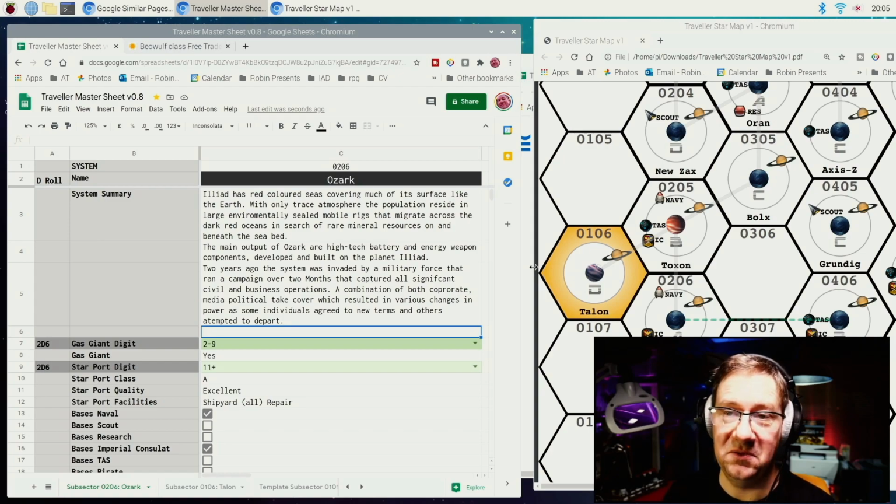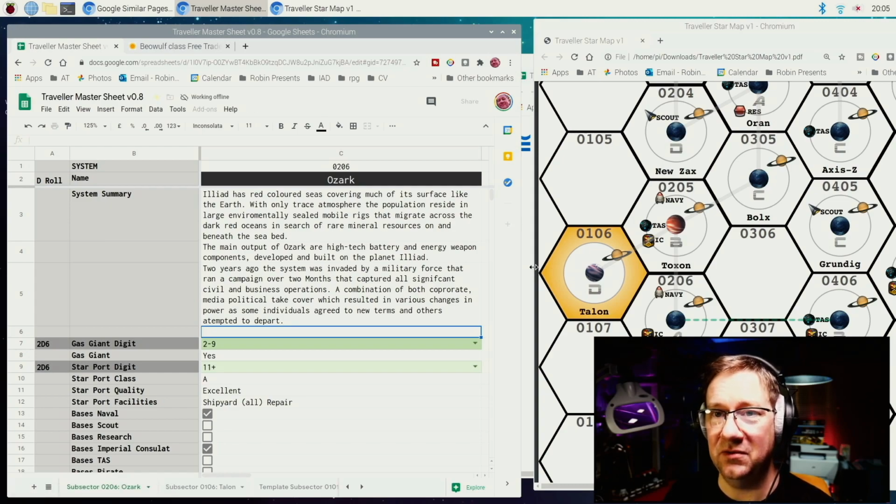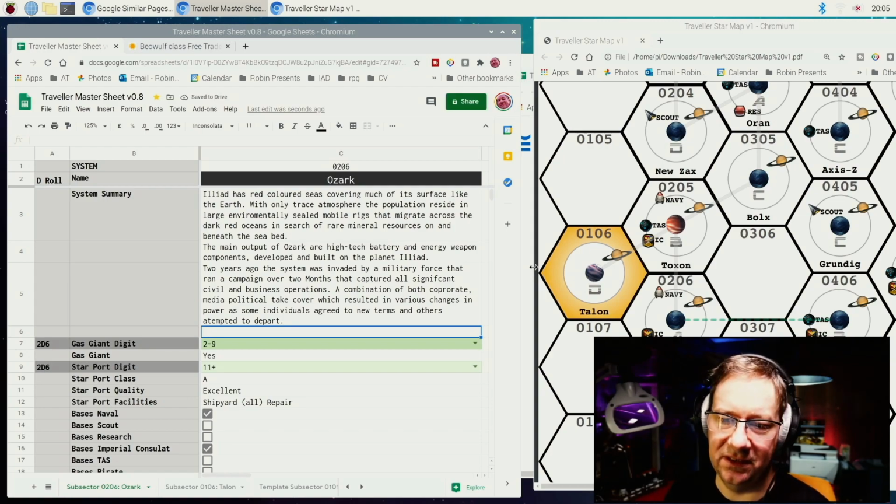Or they may have even moved in a way where they thought they were being helpful and providing them protection, and saying, look, we're here because we're trying to control the supply of these military grade battery and energy weapon components, and we're here because we're protecting the overall status quo in the subsector, because it's important that your tech doesn't get into the wrong hands.